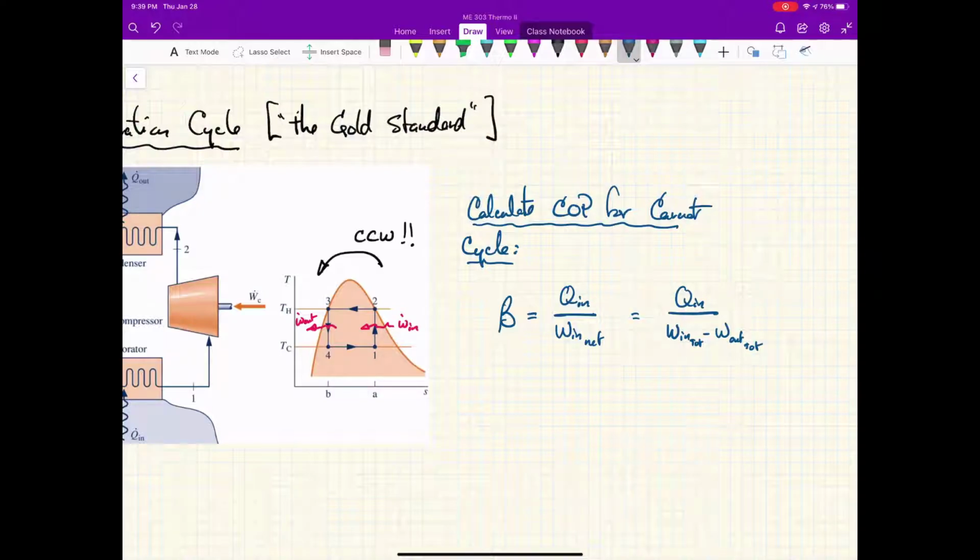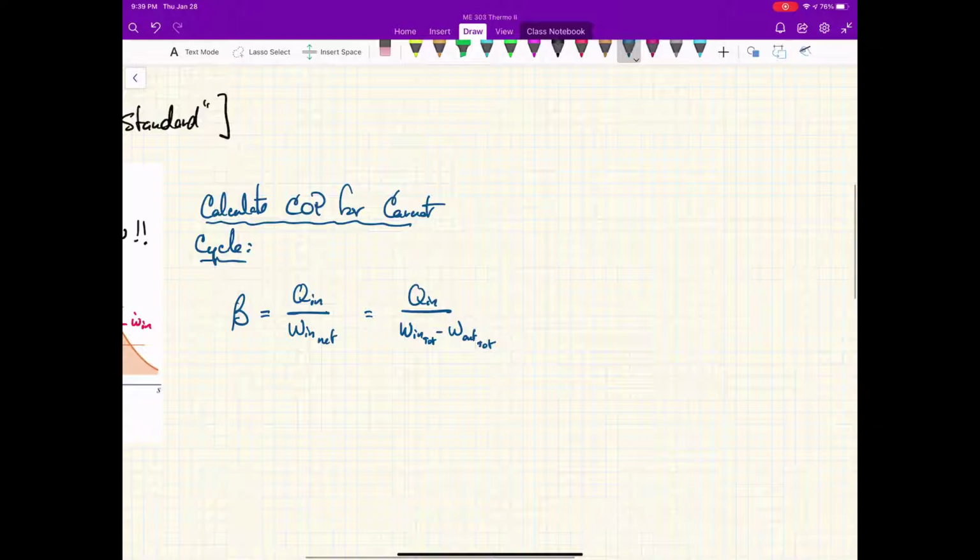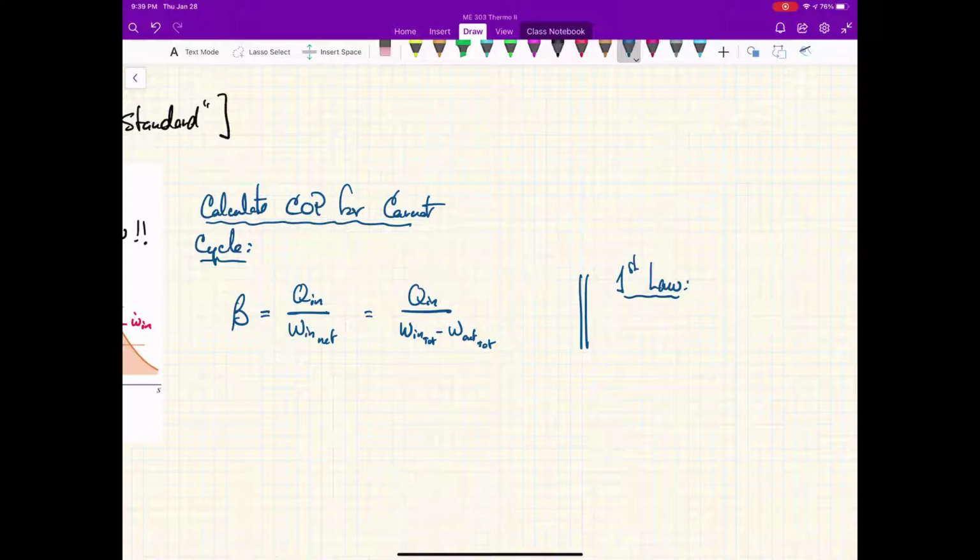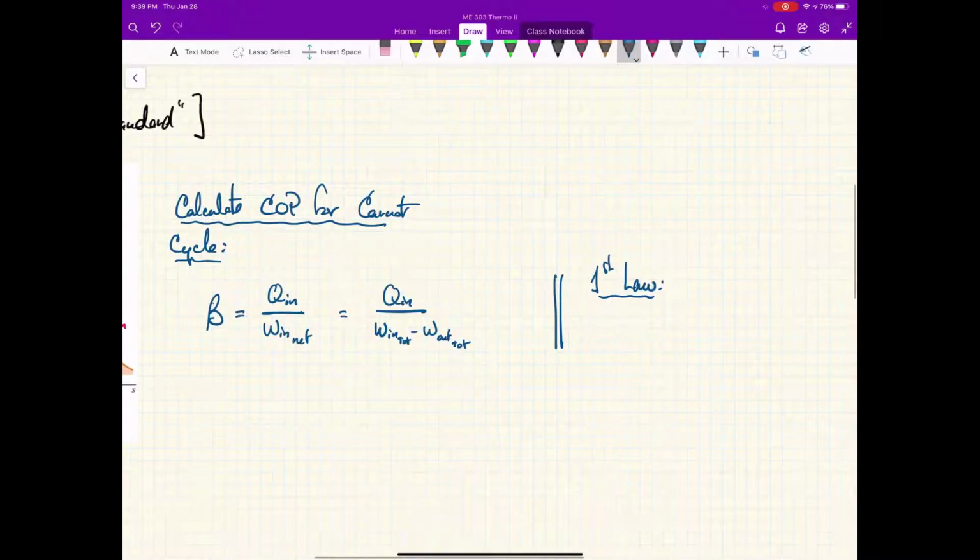And our statement of the first law, we'll spell it out over here, states that for any process or series of processes that runs through, the change in stored energy must be equal to the total heat in.